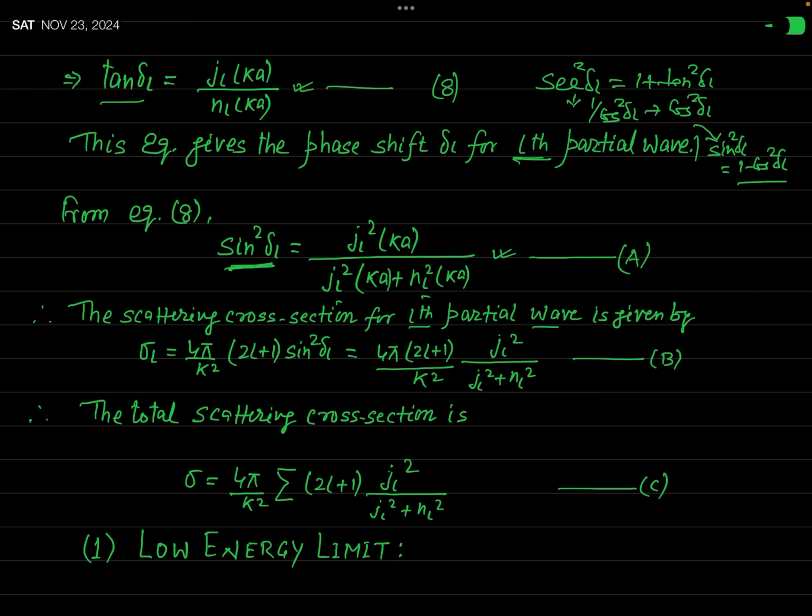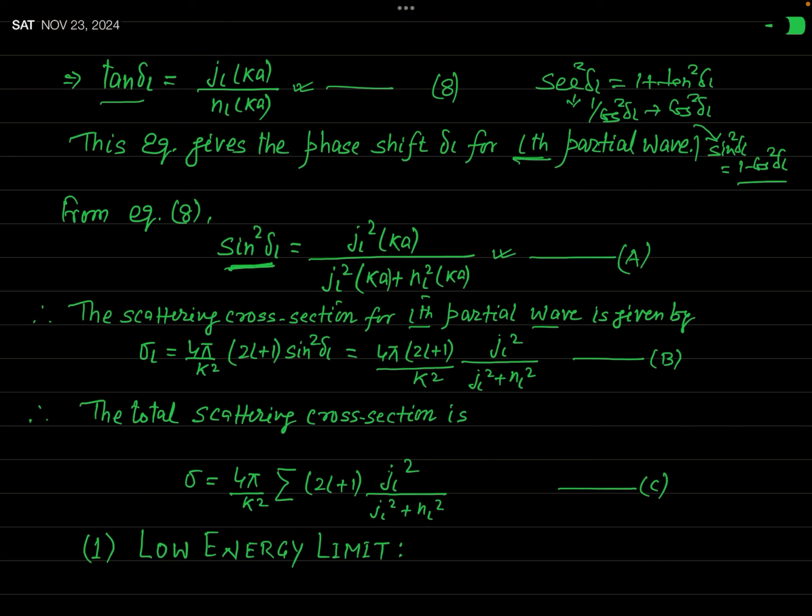For this, you have to remember the final result for the scattering cross section from our previous video. You have seen that the total scattering cross section is defined as 4 pi over k square times the summation over 2l plus 1 sine square delta L.